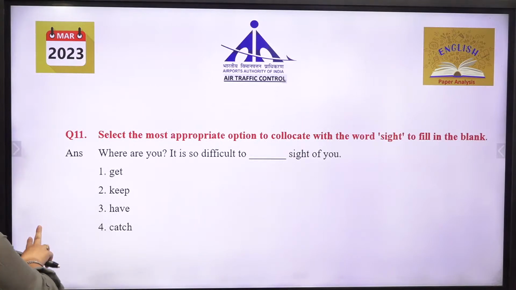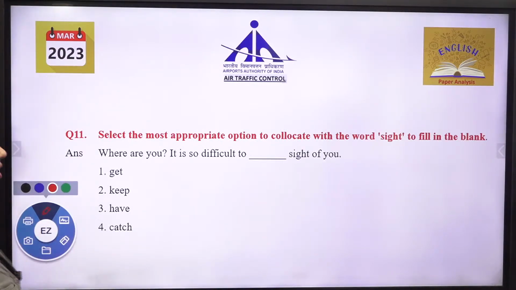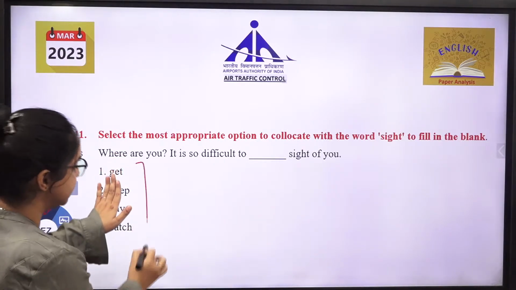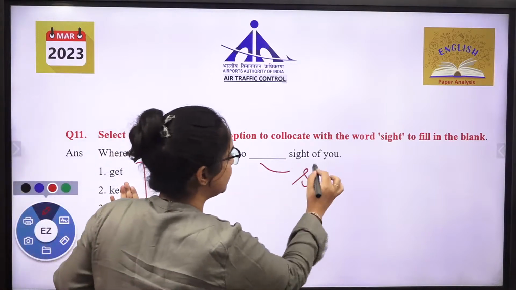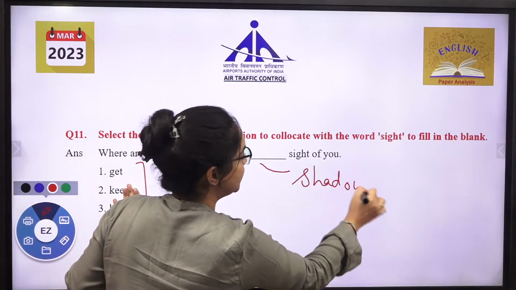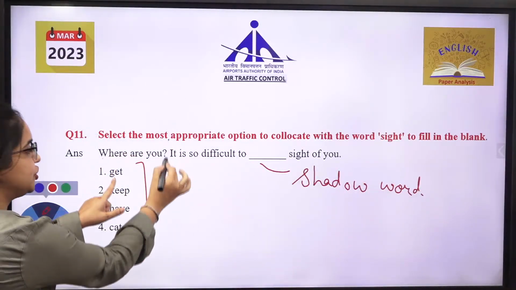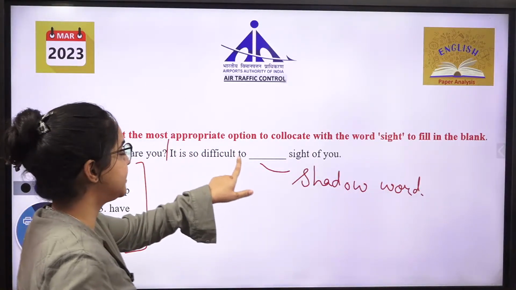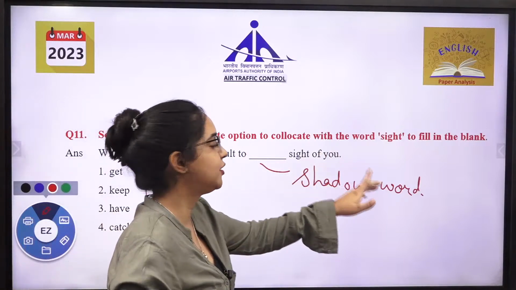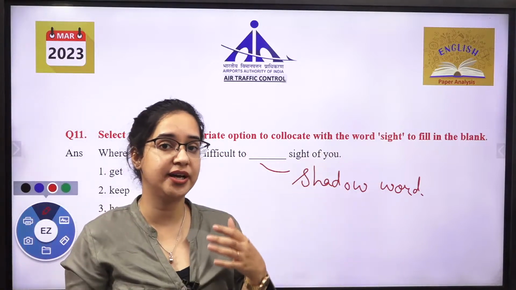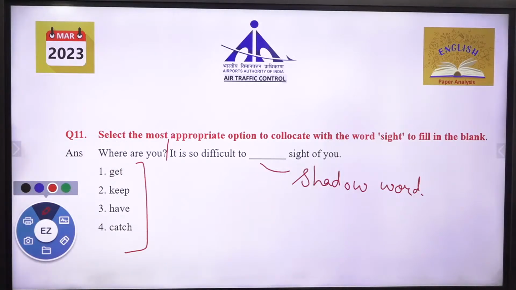So next, 11th. Same way, before delivering an answer, please provide me a shadow word. Give me a shadow word, otherwise you will do it wrong. Where are you? It is so difficult to dash sight of you. It is very difficult to get a sight, to find. Don't worry. I'm teaching you some vocabulary as of now also, and at the end also we are going to discuss.